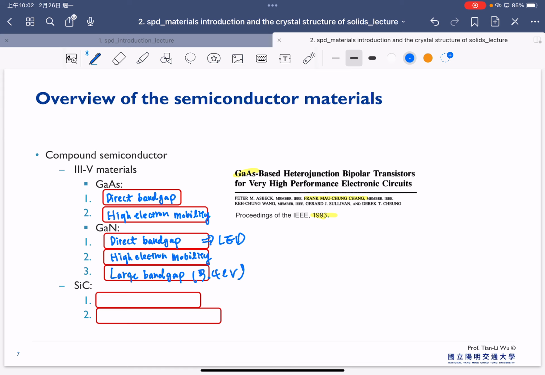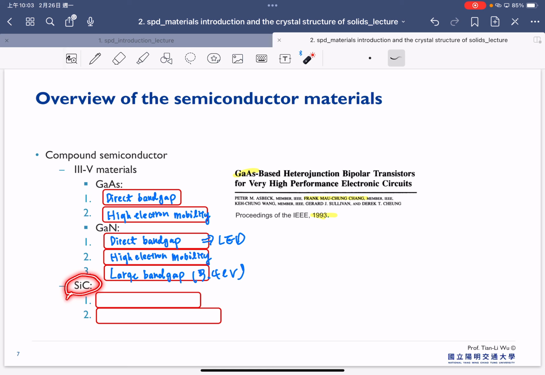And also, if you look at group 4, as we previously said, group 4 is an elemental semiconductor, usually made of a single species of atom, but it can also be made by a combination of two group 4 materials. For example, silicon carbide is one example.